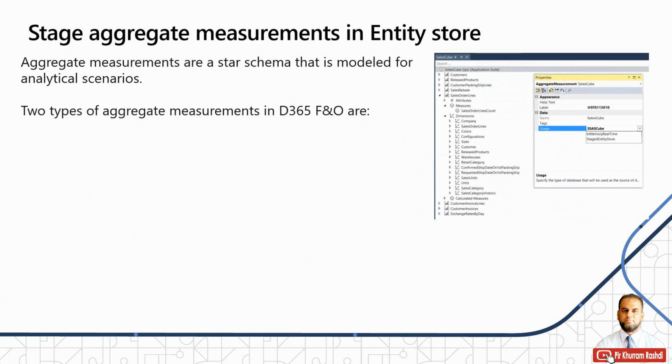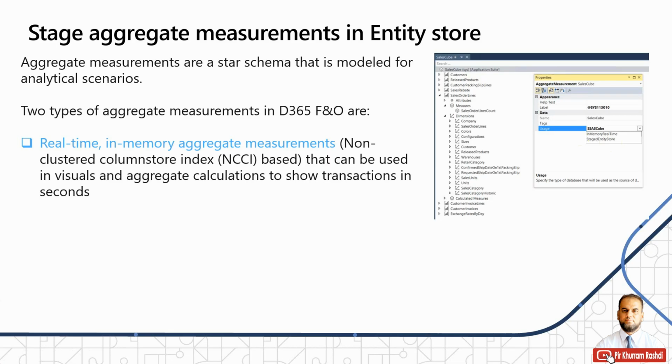As you can see on the right side in the screenshot, this is the sales cube, and there are different measures available in this cube. On the right hand side in the properties, you can see a usage property showing in-memory real time, and there is a staged entity store property available for these aggregate measures, called sales cube here.